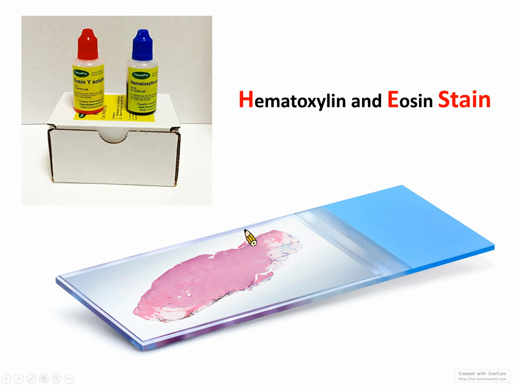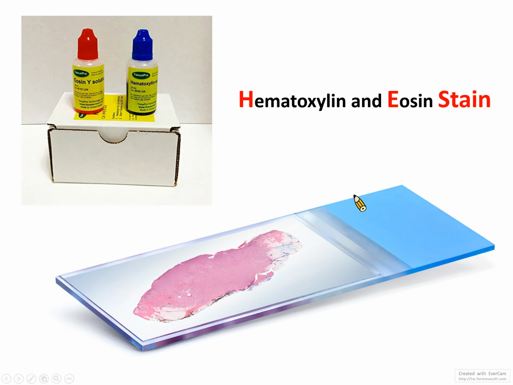Then the next thing is that we need to visualize the nuclei in this tissue. One way to differentiate the nucleus from the cell plasma is the HE stain, which is the abbreviation for hematoxylin and eosin stain.